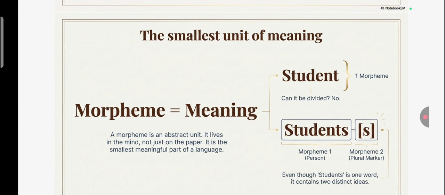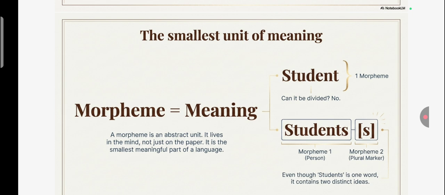Hope you could understand. The word student means a person who studies. But the word students means many students. Here the letter S represents plurality, that is, more than one student.